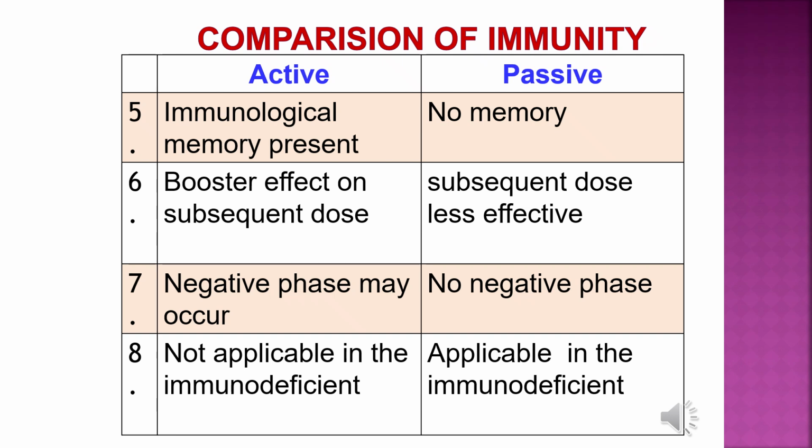In active immunity, immunological memory is present, and a booster effect on a subsequent dose is present. The negative phase may occur because of the previous antibodies, and it is not applicable in immunodeficient persons. In passive immunity, there is no memory, a subsequent dose is less effective, but there is no negative phase, and it is applicable in immunodeficient people.